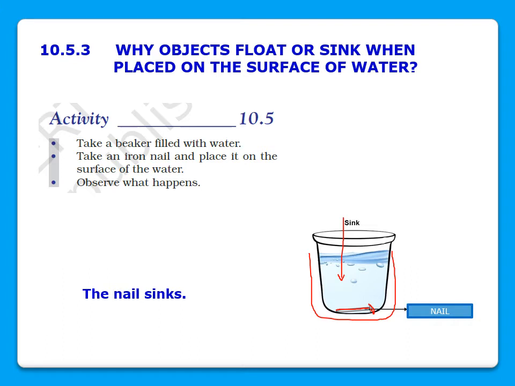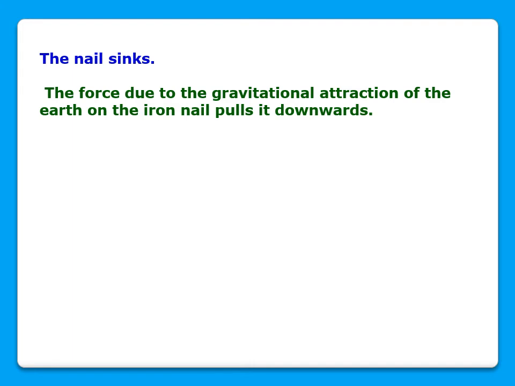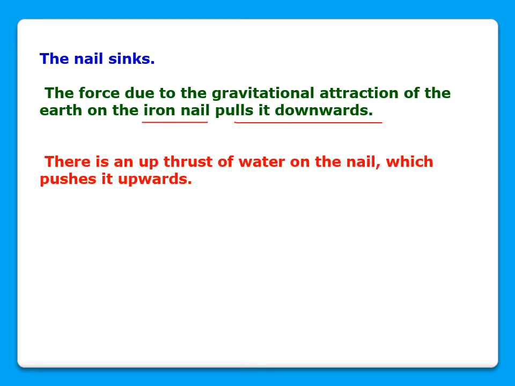You can do it at your home also, and you can send me the videos. I think the observation will be the same for each and every one, and the observation will be that the nail sinks. The force due to the gravitational attraction of the earth on the iron nail pulls it downwards. There is an upward thrust of the water on the nail which pushes it upwards.